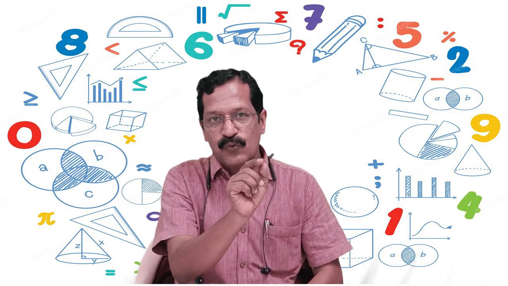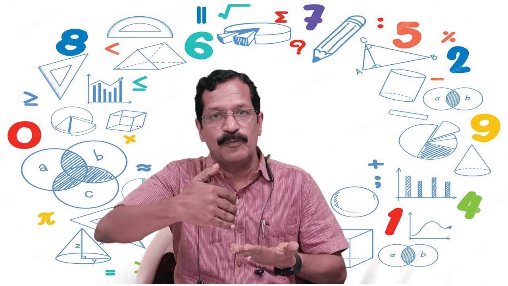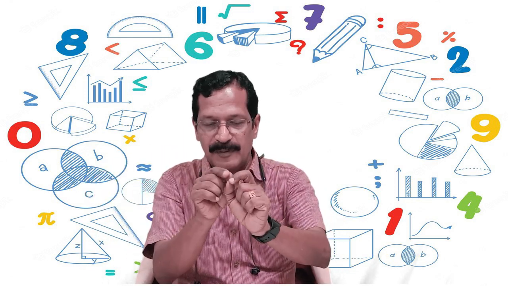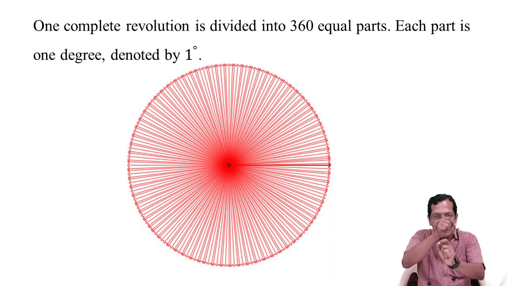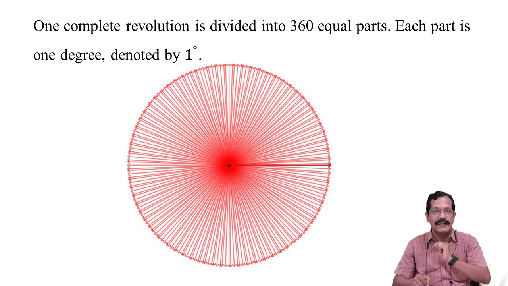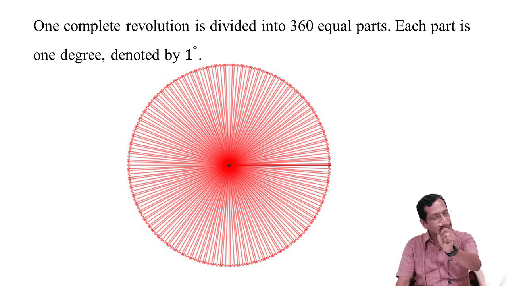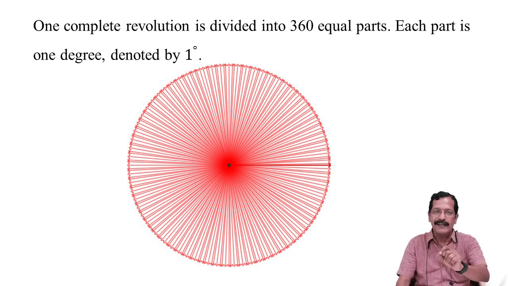Dear children, one complete revolution, that is one full circle, if it is divided into 360 equal parts with respect to the center, then each part is called 1 degree. You can see from the figure that this total circle is divided into 360 equal parts, then each part is called 1 degree.